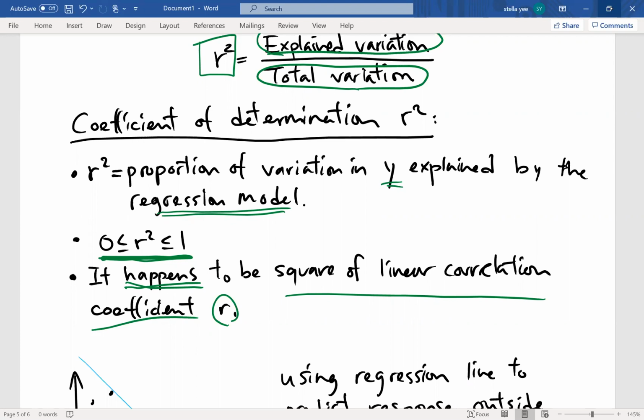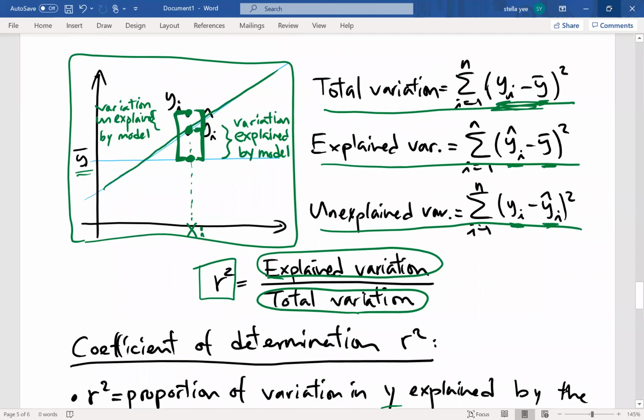There's definitely a connection. I'm not trying to say there isn't, but this only works when you're working with a linear relationship between two variables x and y.